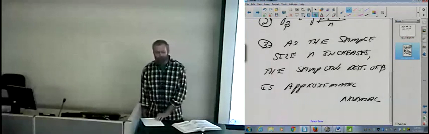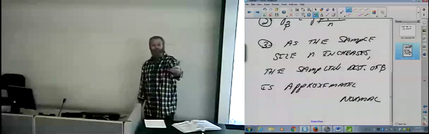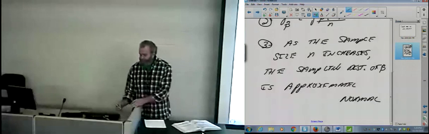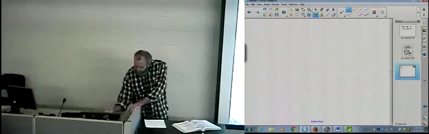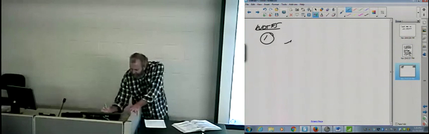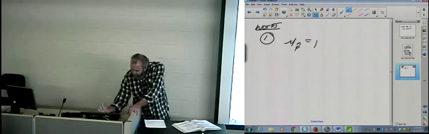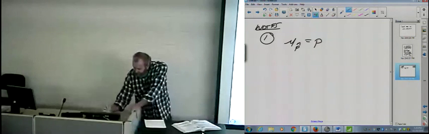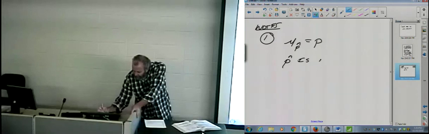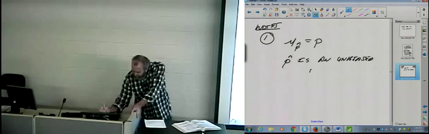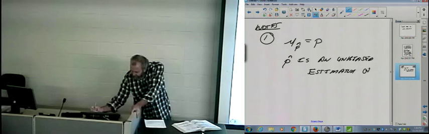Okay? Now, I'm going to repeat myself from stuff out of chapter 15 about x bar. All right? Now, here's my deal. Number one, and here's little notes that go along with this. When I tell you that the mean of your sampling distribution is equal to the population proportion, that parameter, what I'm telling you is that p hat is an unbiased estimator of p.